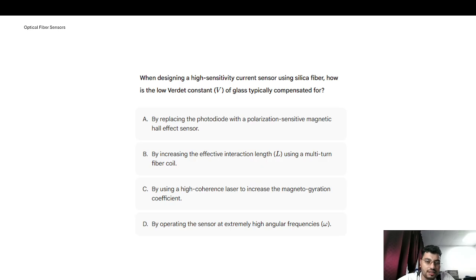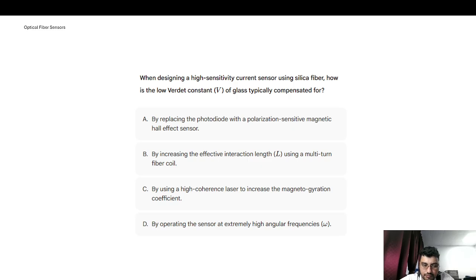Option A, by replacing the photodiode with a polarization sensitive magnetic Hall effect sensor. Option B, by increasing the interaction length L using a multi-turn fiber coil. C, by using a high coherence laser to increase the magnetogyration coefficient. And D, by operating the sensor at extremely high angular frequency omega.